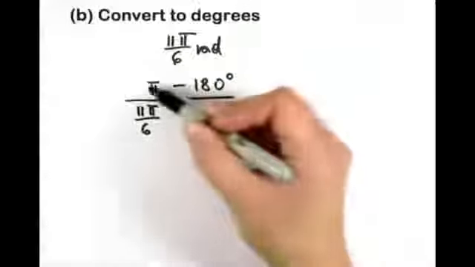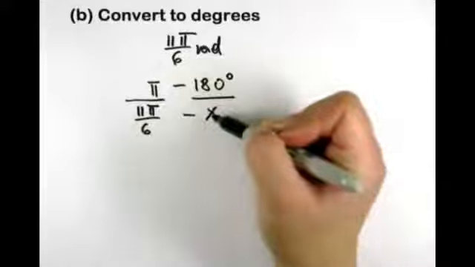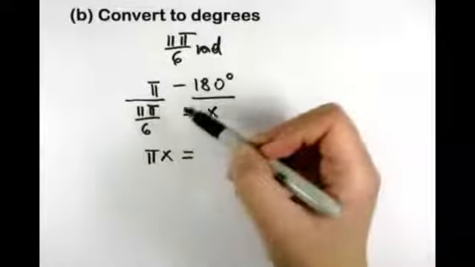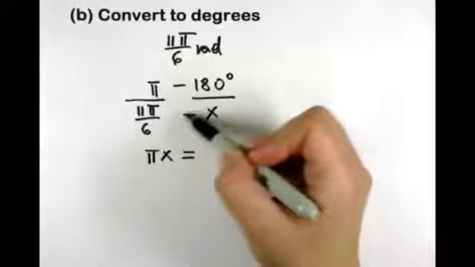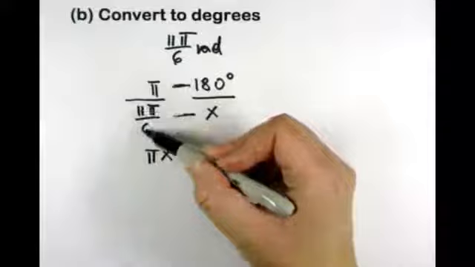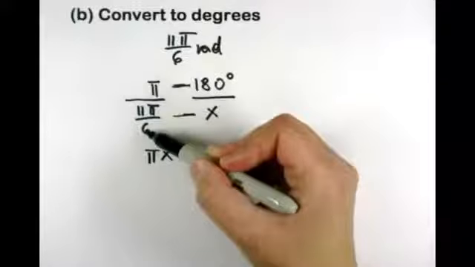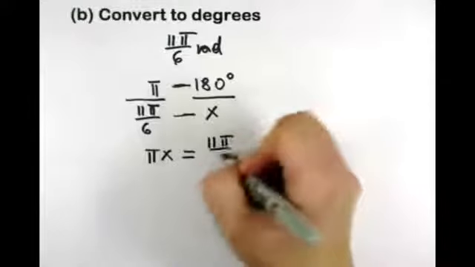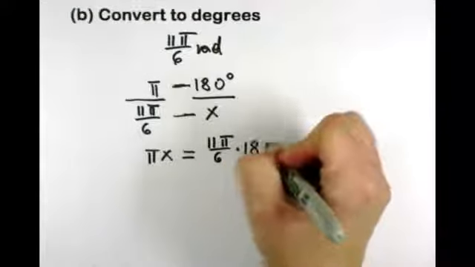We can cross multiply. Pi times x is pi x is equal to, this is not minus, this is the equal sign between them, 11 pi over 6 times 180.